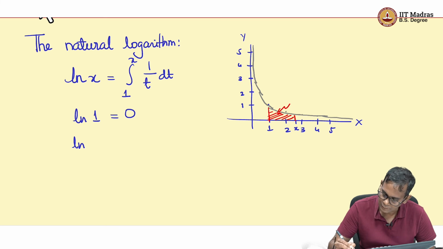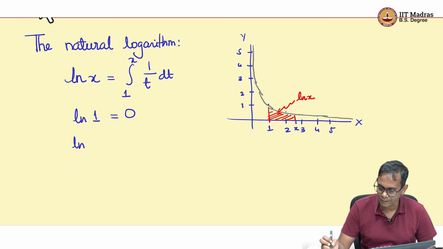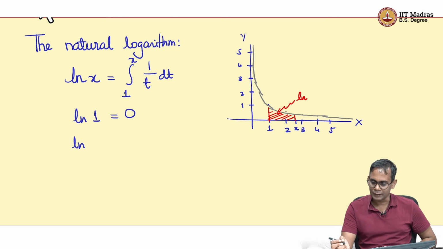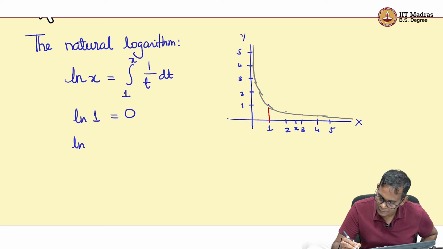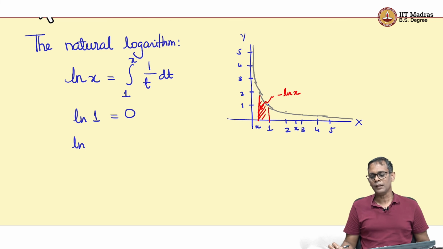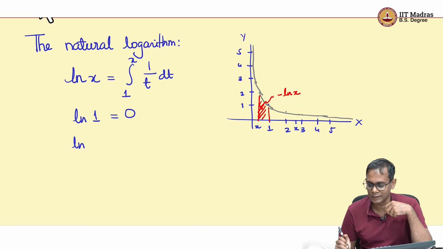This area here is ln of x, and if x were between 0 and 1, then the log of x would be the negative of this area. So, this is how you can geometrically think of the log.